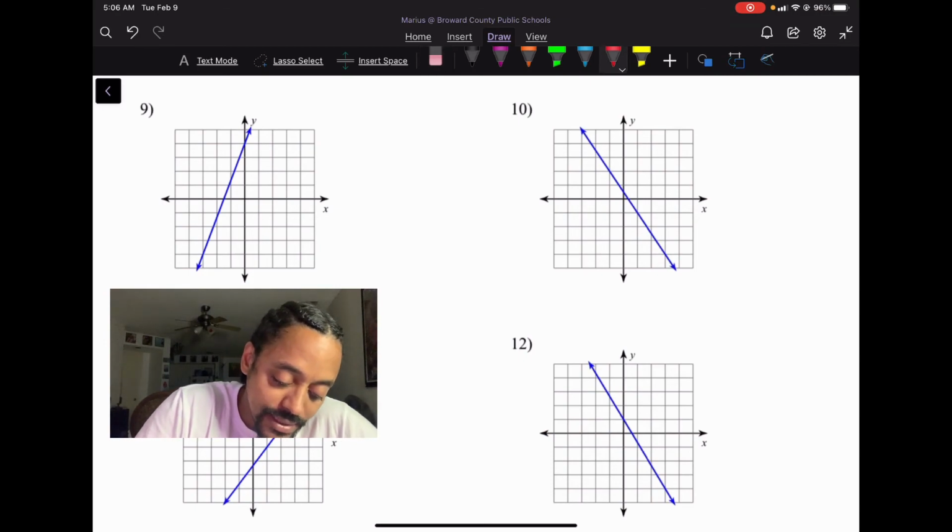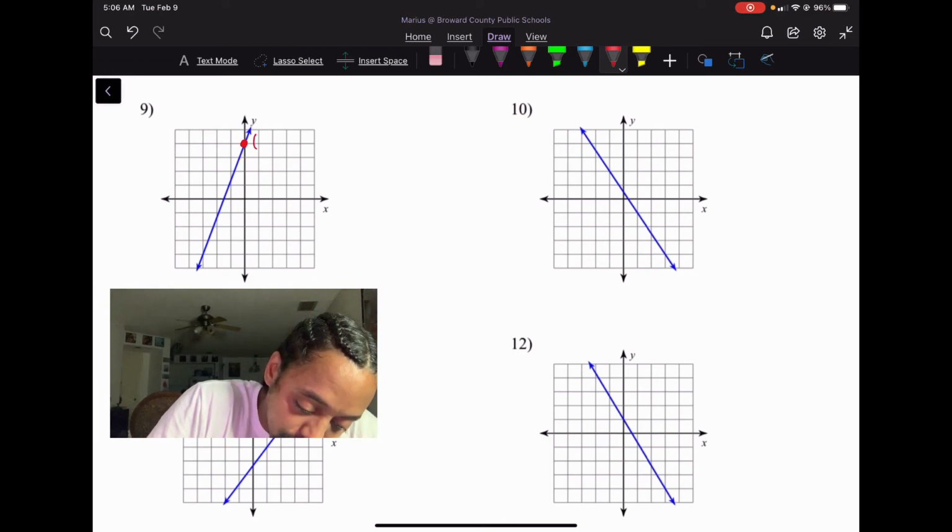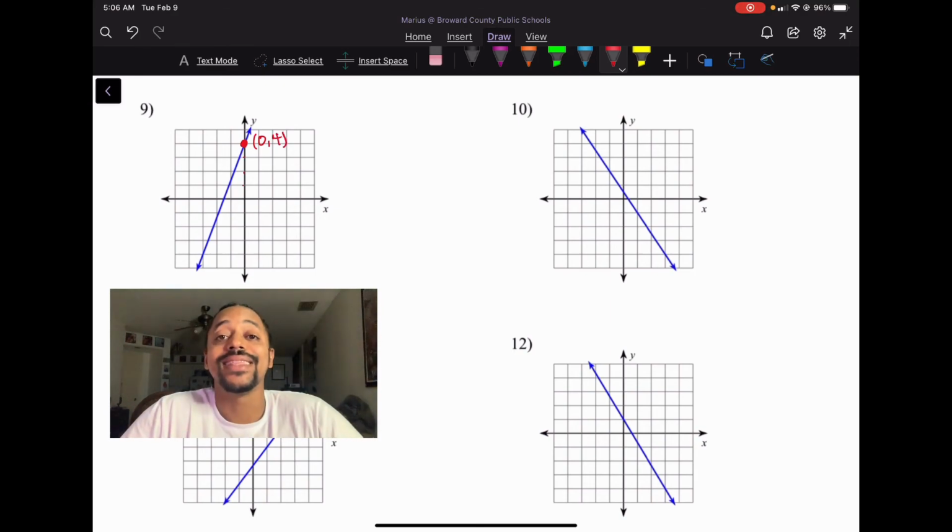Now, I see right here that the y-intercept is an exact point. This ordered pair is 0, what's that? 1, 2, 3, 4. So you can see that the x is 0 and the y is 4. So now we need to find one other point on that line where we can tell what the x coordinate is and what the y coordinate is.